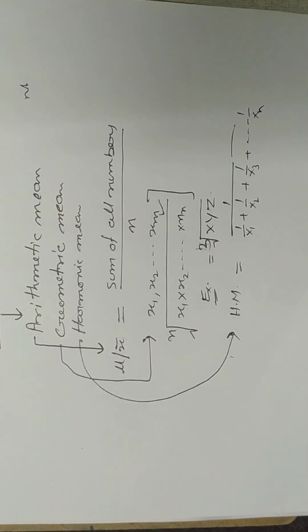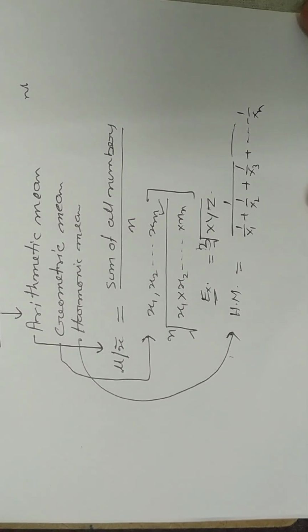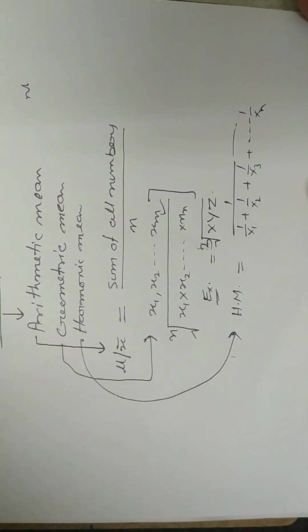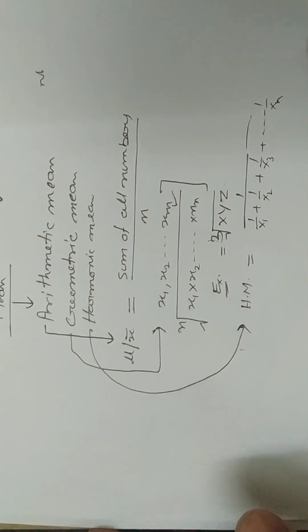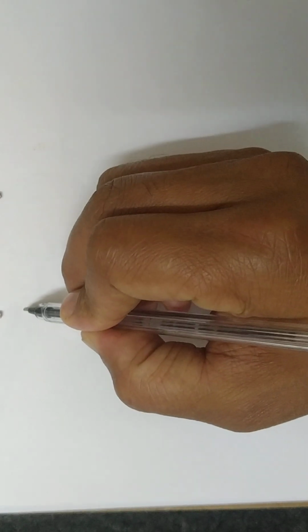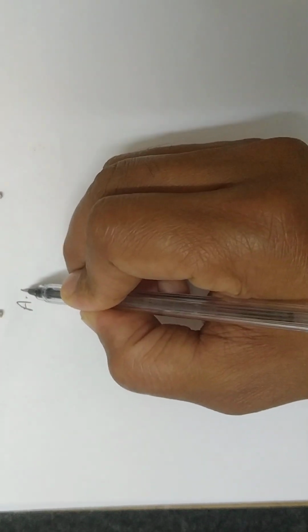Okay. Dear students, in this lecture, we will learn about the mean, arithmetic mean, and all types of arithmetic mean, all formulas for calculation of arithmetic mean. The first is the AM, which is also known as arithmetic mean.